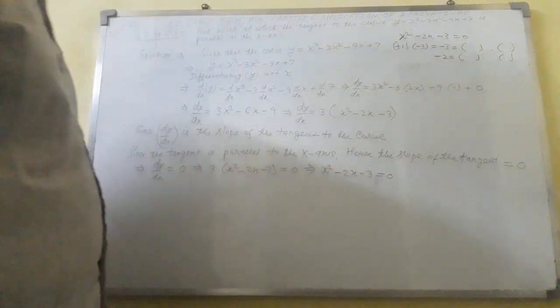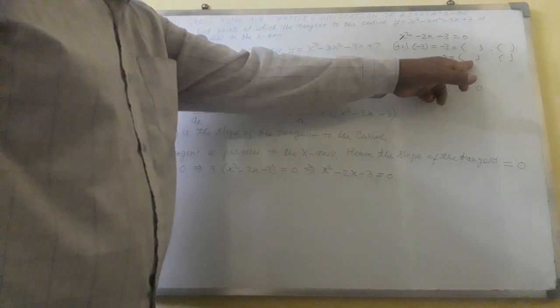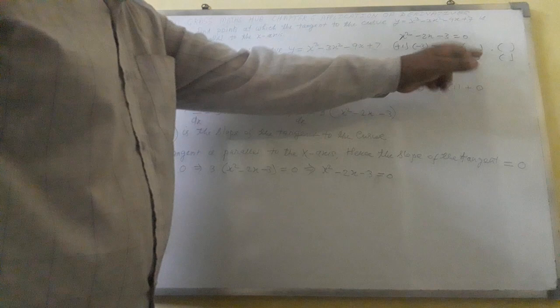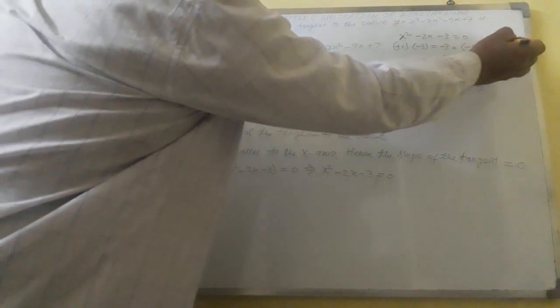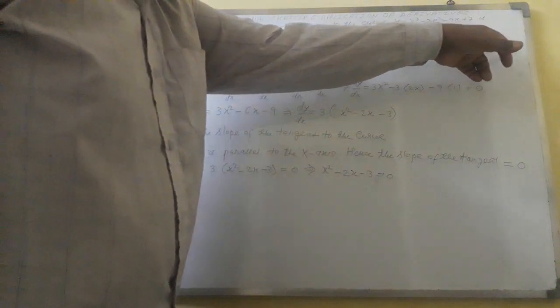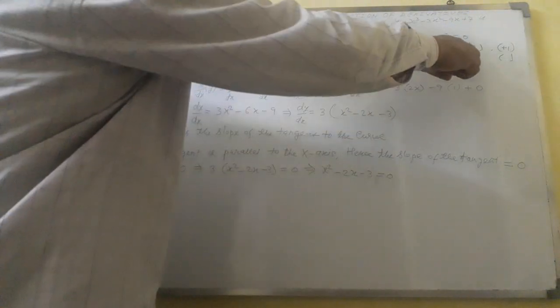Whatever digit with sign comes at one place, the same digit with sign will also come at the other place. So if you write minus 3 here, write plus 1 there. Minus 3 and plus 1 multiplied together give minus 3.